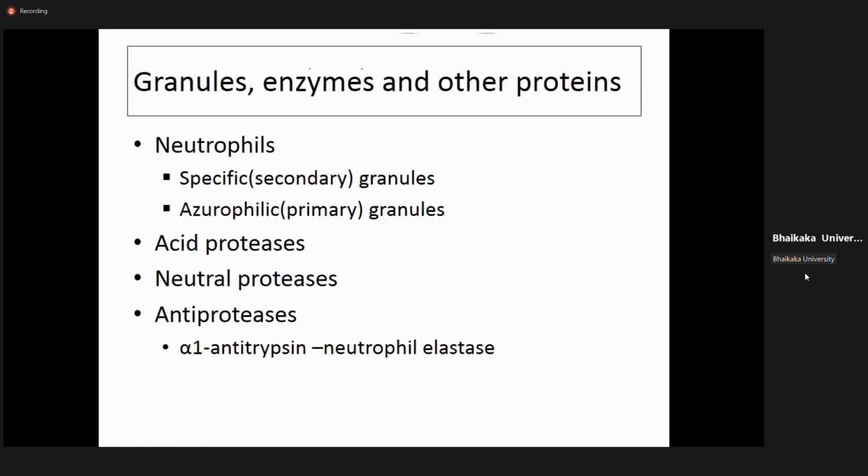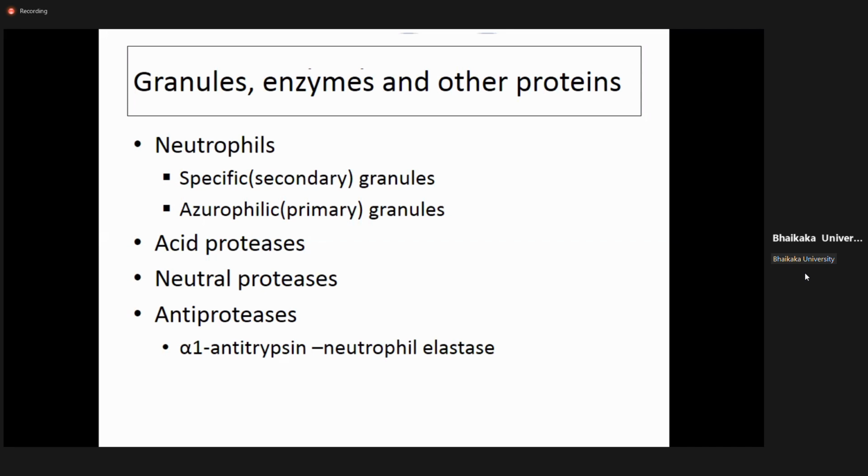So there are three mechanisms: lysosomal enzymes, reactive oxygen species, reactive nitrogen species. In the lysosomal enzymes within the macrophages and neutrophils, there are specific granules within the neutrophils. You can say secondary granules and azurophilic or primary granules, which contain various enzymes, which will help in destruction of the offending agent.